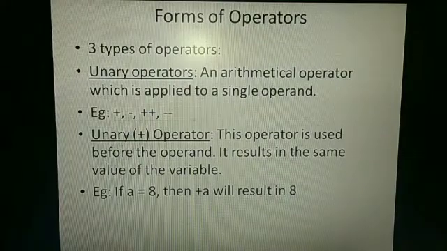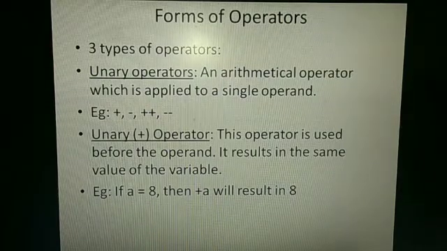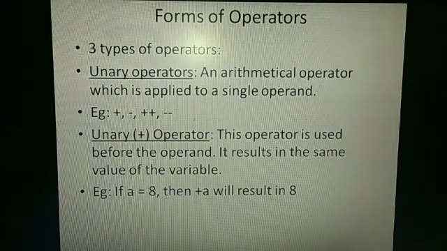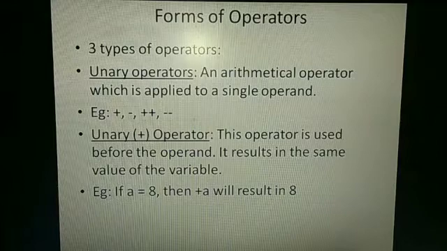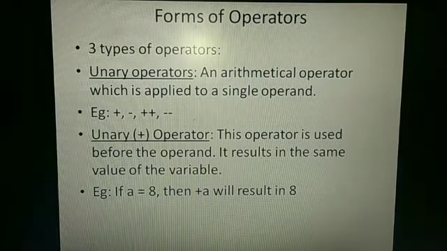A unary operator is an arithmetical operator which is applied to a single operand. Examples are plus or minus, or plus plus or minus minus.